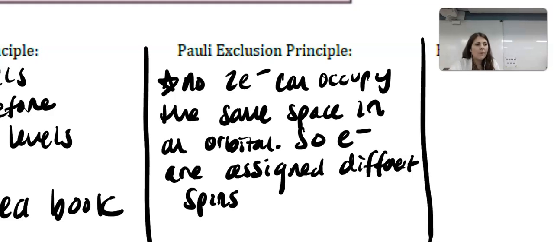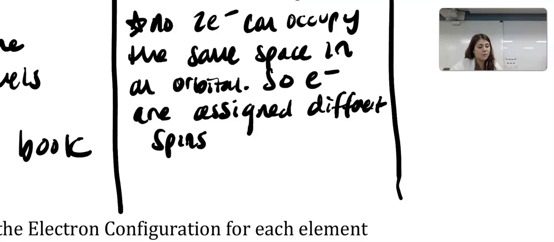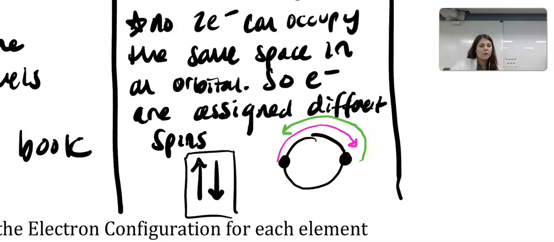We'll talk more about this, but basically it just means they have to be going in different directions. If you're talking about the sphere and you have 2 electrons, you need to have one going one way while the other one is going the opposite way. We denote that with arrows. We show one going up and one going down. We will talk about this in a couple of sections of these notes.